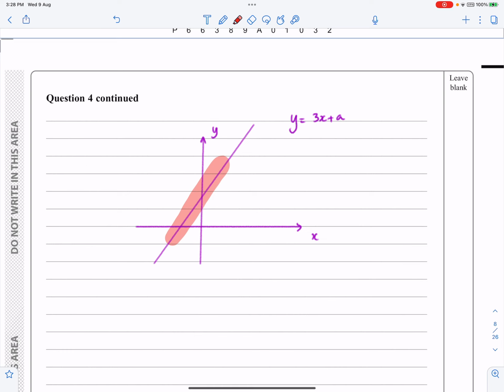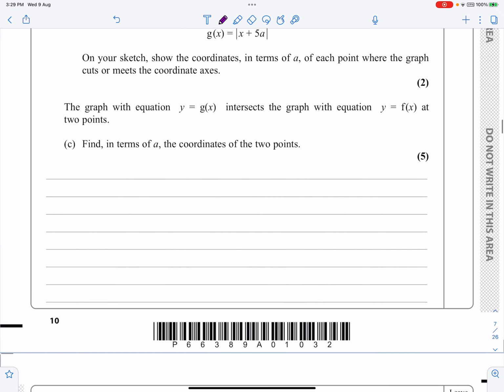So at least it's in that direction. It's hitting the y-axis at the point A, so this is the point (0, a) here. But actually, what I'm probably more interested in is that value there, and that value is going to be when y equals 0. So let's just go back up there in a bit of space and sort that out.